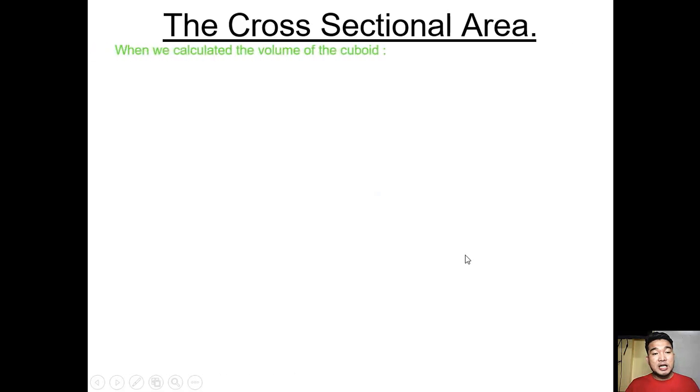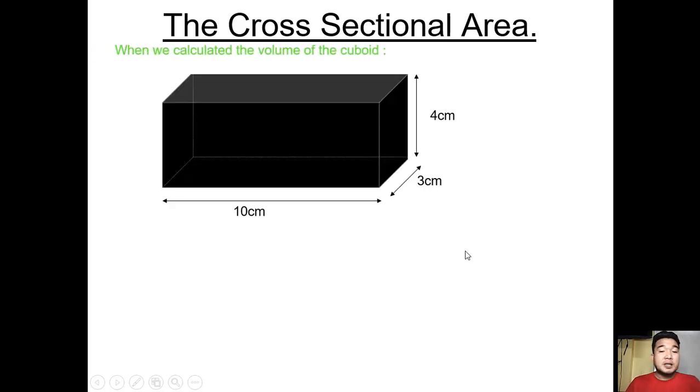So the cross-sectional area. When we calculated the volume of the cuboid, like for example, we have this rectangular prism with length of 10 centimeters, a width of 3 centimeters, and a height of 4 centimeters. We found the area of the base. So again, we move back to the formula in solving for the area of a rectangle, and area is always equal to length times the width.